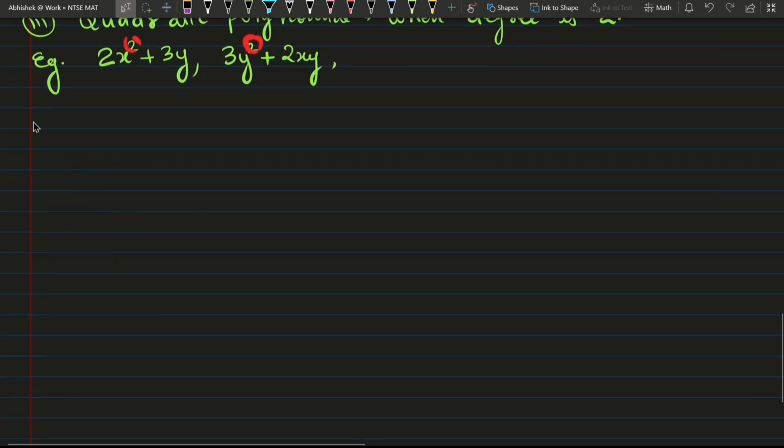Now let's start with the next kind, that is cubic polynomial.